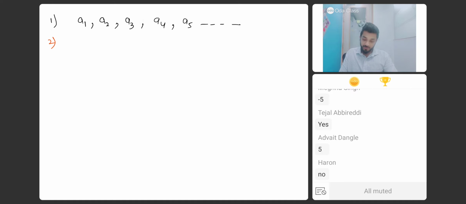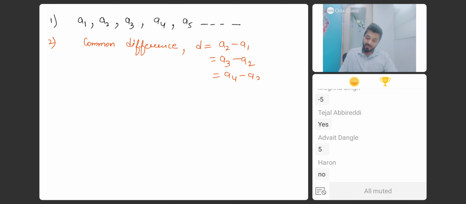So first of all, how do we find the common difference? Common difference D, you just find A2 minus A1, or you can find A3 minus A2, A4 minus A3, A5 minus A4, and so on.